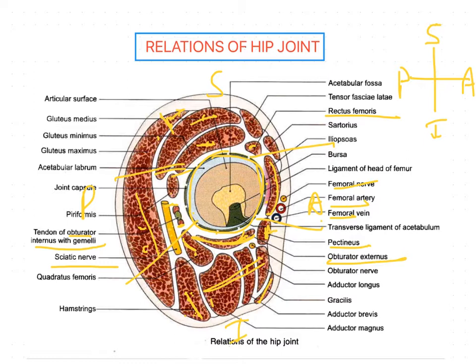The muscles placed on the superior aspect act as abductors. The inferior muscles help in adduction. So these are all about the relations of the hip joint.